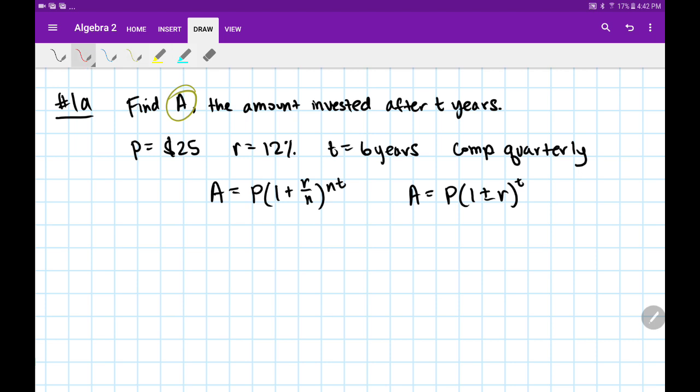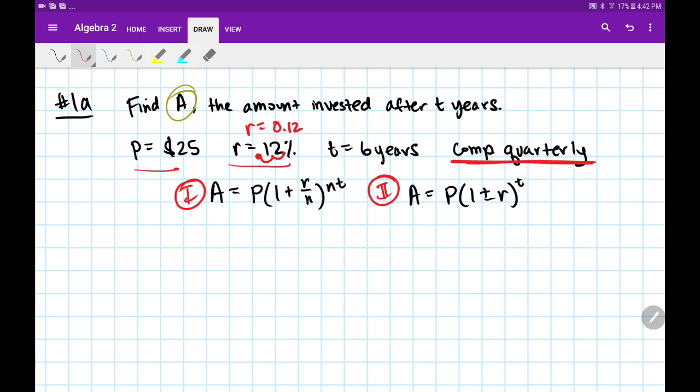Formula 1 or Formula 2. So let's see. We got P, we got a rate, let's change this, by the way. Our rate, what should we rewrite it as? 0.12. We got T already written in years, which is good. Oh, and it's being compounded quarterly.